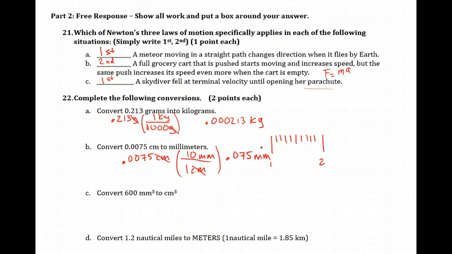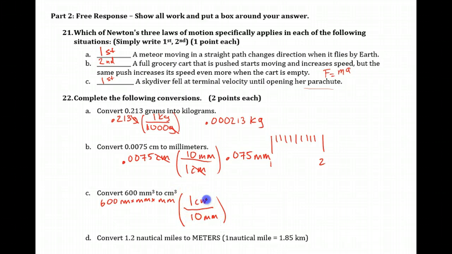Next, convert 600 millimeters cubed to centimeters cubed. Well, we did this conversion up here, so we're pretty comfortable with that. So we've got 600 millimeters cubed, or another way to put that is 600 millimeters times millimeters times millimeters, multiplied by 1 centimeter per 10 millimeters.